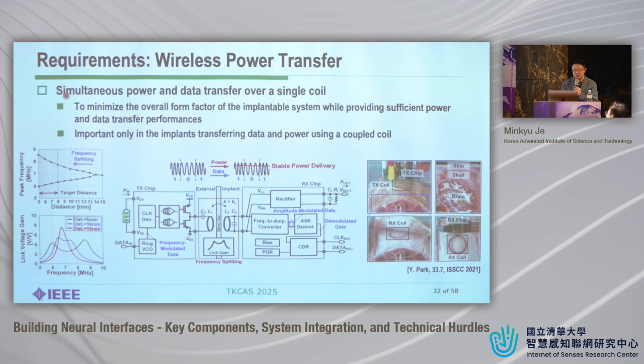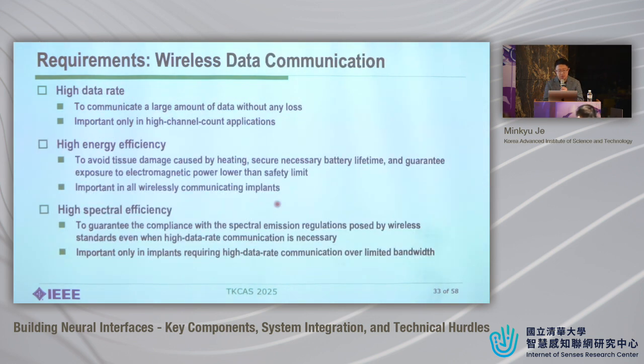So these days, our research group is also working on simultaneous power and data transfer using a very small single coil link. Okay, so this will be an interesting research topic continuously. So, wireless data communication.